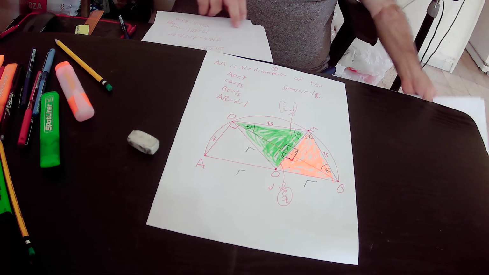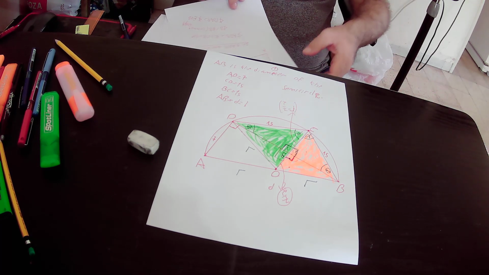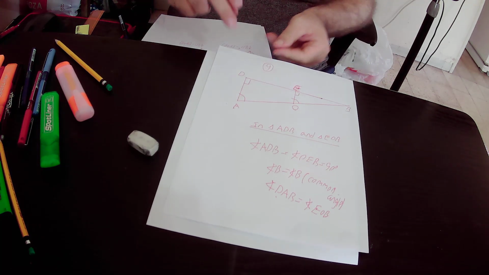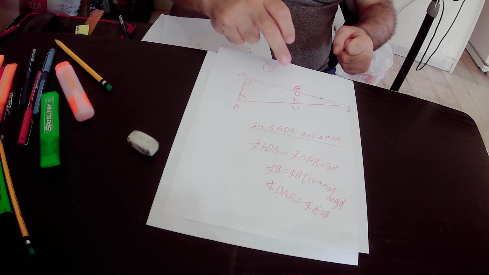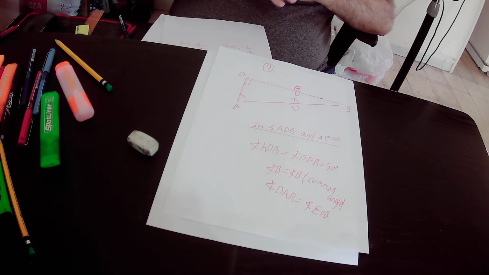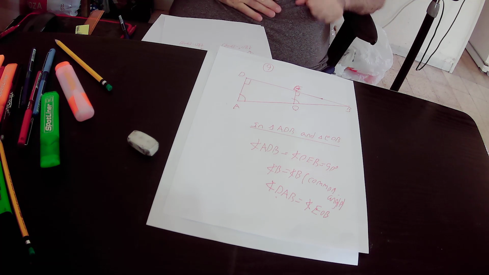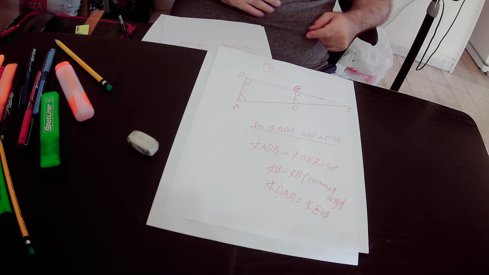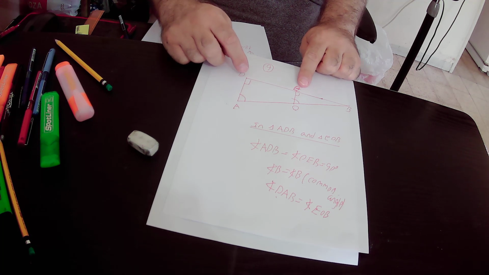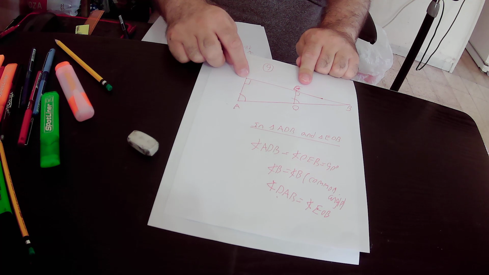And then we focused on two triangles: the big triangle, triangle ADB, and the small triangle, triangle OEB. So these two triangles, first of all, have one angle that is a right angle. So angle ADB that equals 90 degrees equals angle OEB that also equals 90 degrees.